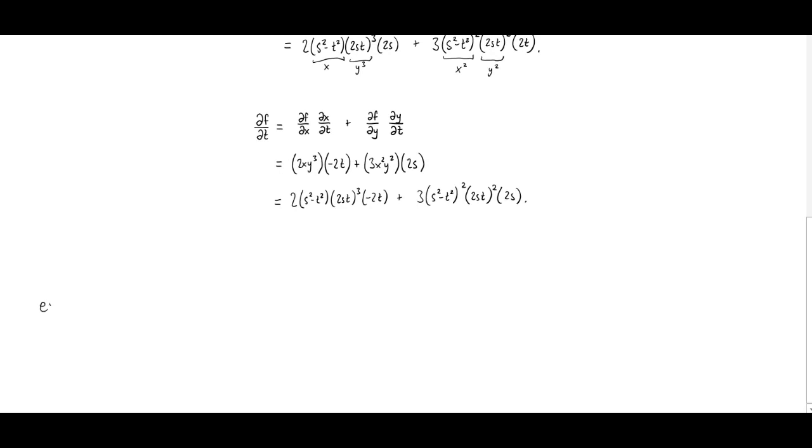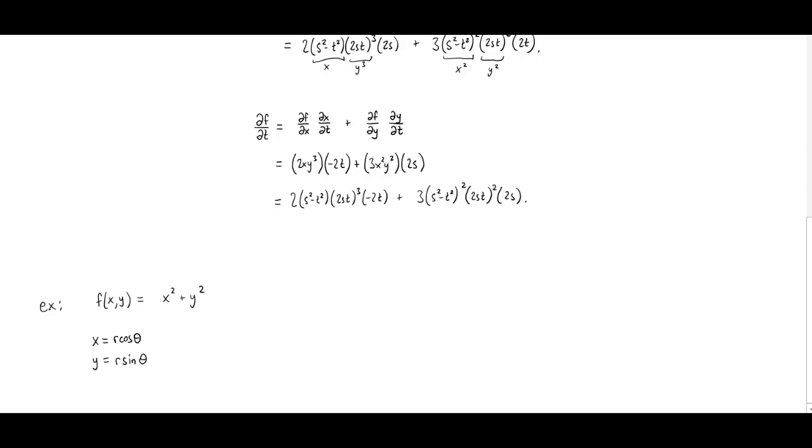So let me look at another example now. So again, I'm just going to write out a function for x and y. This time, let's do something like x squared plus y squared. And let's see what happens if we write x and y in terms of polar coordinates.